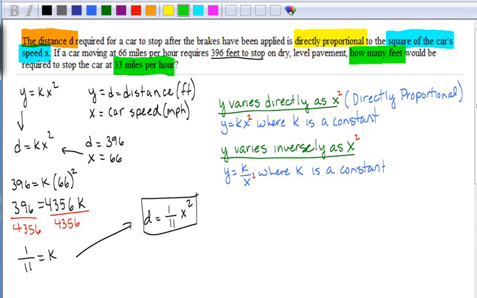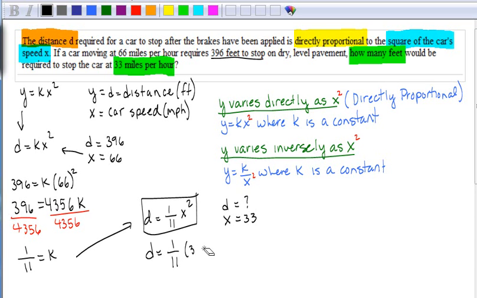Okay, so again we have d and x. How many feet? If you notice up here, that is our d. That's what we're looking for. 33 miles per hour is a speed, and the units are in miles per hour, so that's good. So if I just plug in 33 for x in this formula, I will get my answer.